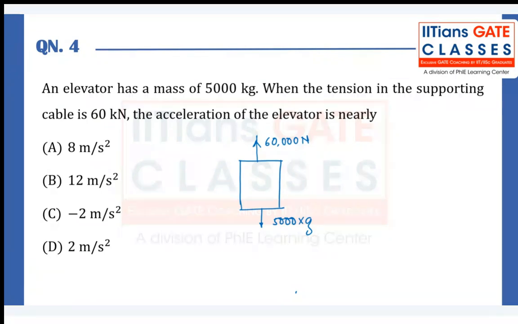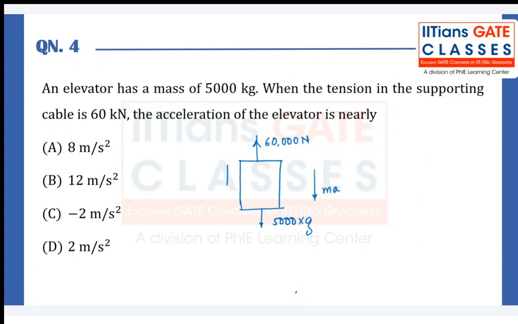Imagine this, like the elevator is going up and the body is in motion, so we cannot directly apply the equations of the equilibrium. However, with the help of D'Alembert's principle, if we assume that the inertia force is acting in the opposite direction to the motion, then we can consider the body in a dynamic equilibrium.